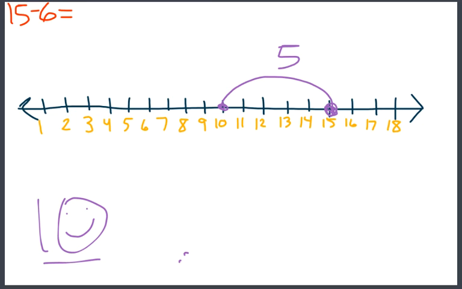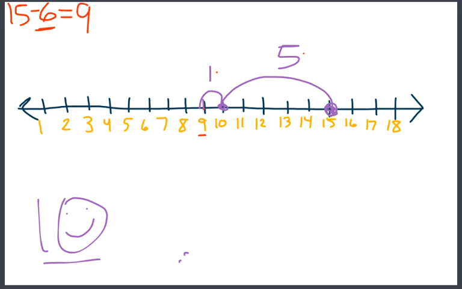And I need to take away 6 total. So I need to go, oh no, Mrs. Simmons, don't erase, one more from 10 to 9. Let's check our work. I've gone 5 and 1. 5 plus 1 equals 6. Yes, I've gone my 6 spaces total, and I've landed on the number 9. 15 minus 6 equals 9.